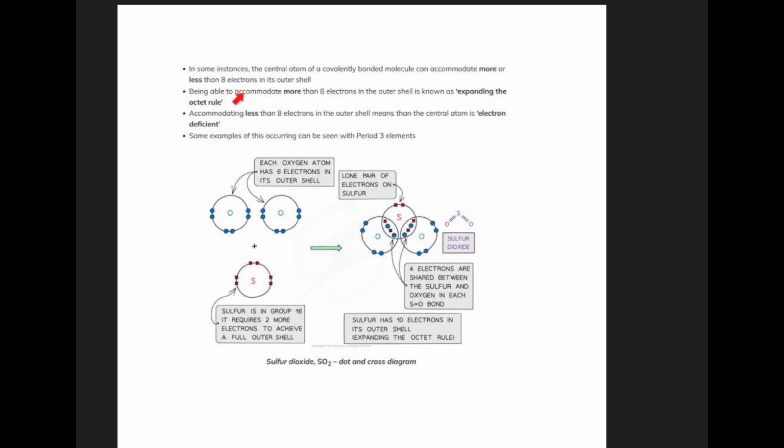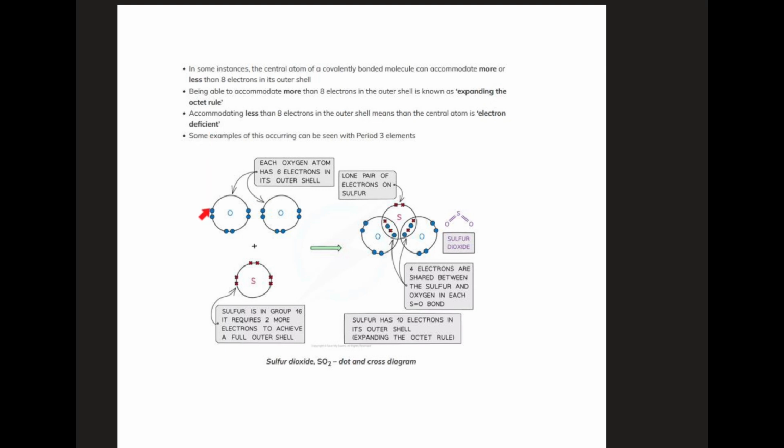So being able to accommodate more than 8 electrons in the outer shell is known as expanding the octet rule. Accommodating less than 8 electrons in the outer shell means that the central atom is electron deficient.